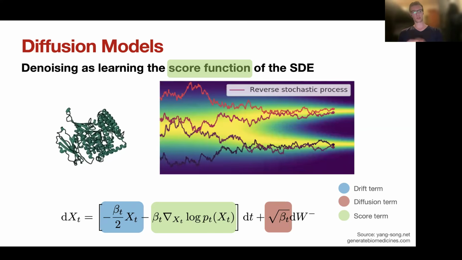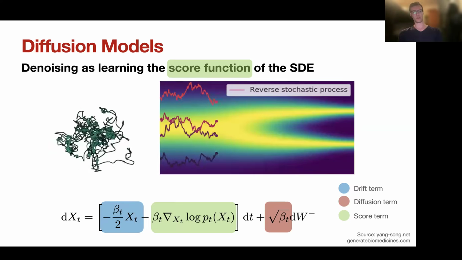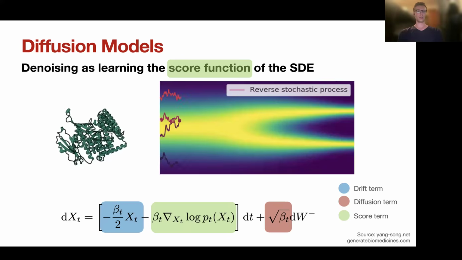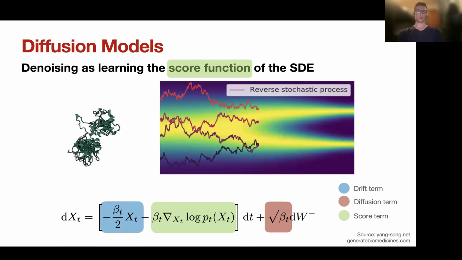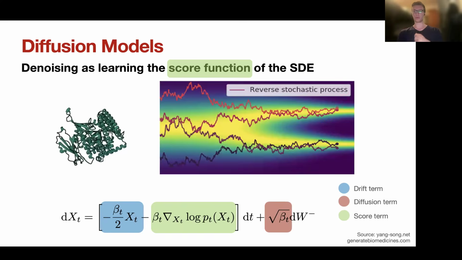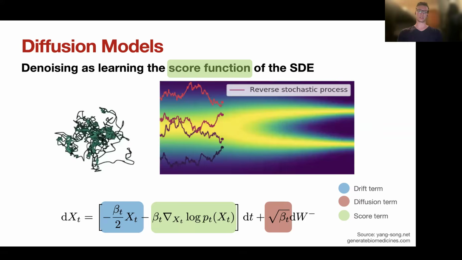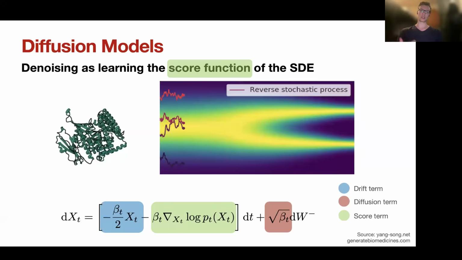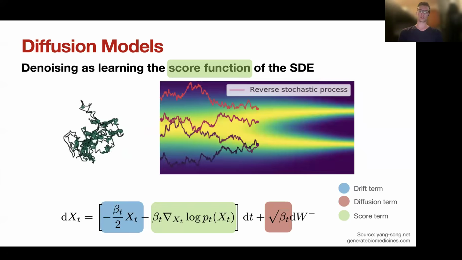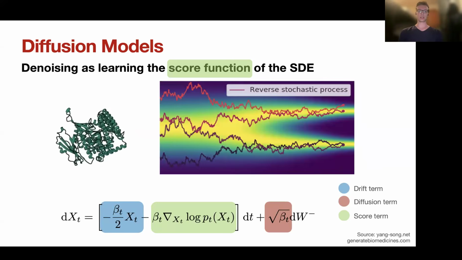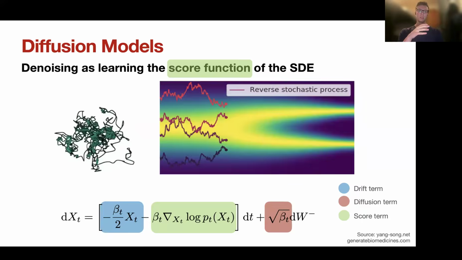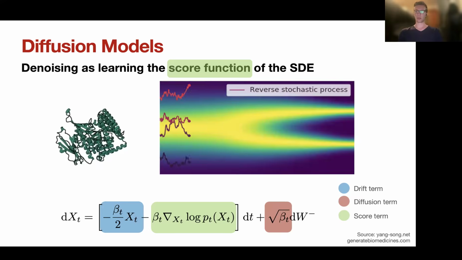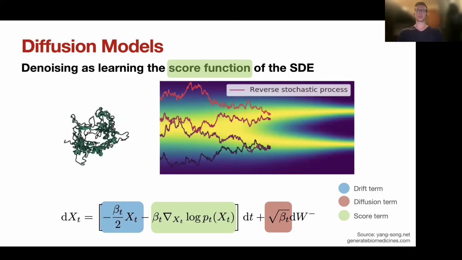An example for this reverse diffusion is in the equation below, where x is our variable and xt is the random variable over time, and beta is a parameter that defines our drift and our diffusion term. What our network learns at training time is the score term, the gradient of the log likelihood, or log probability, where you basically say, guide me towards the regions of high probability given my data sample.